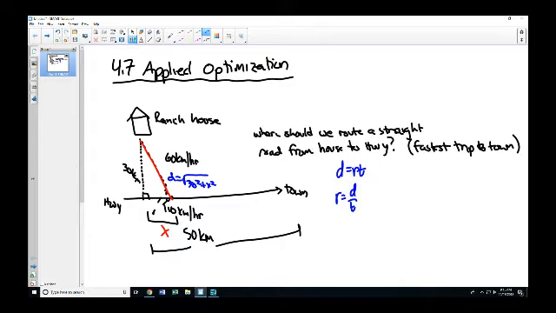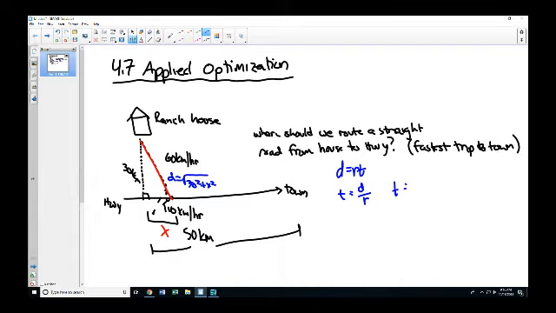We need to optimize time, because we have rates, right? But we don't know what the time is. So time is distance over rate. Wait, why is it distance over rate instead of rate over distance? Because rate times time gives distance. Okay, so what is the distance over rate from the ranch house to the highway?